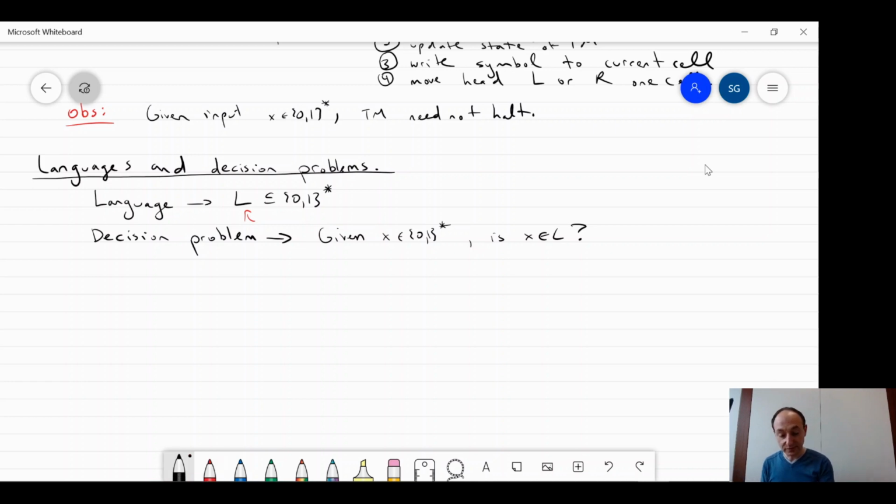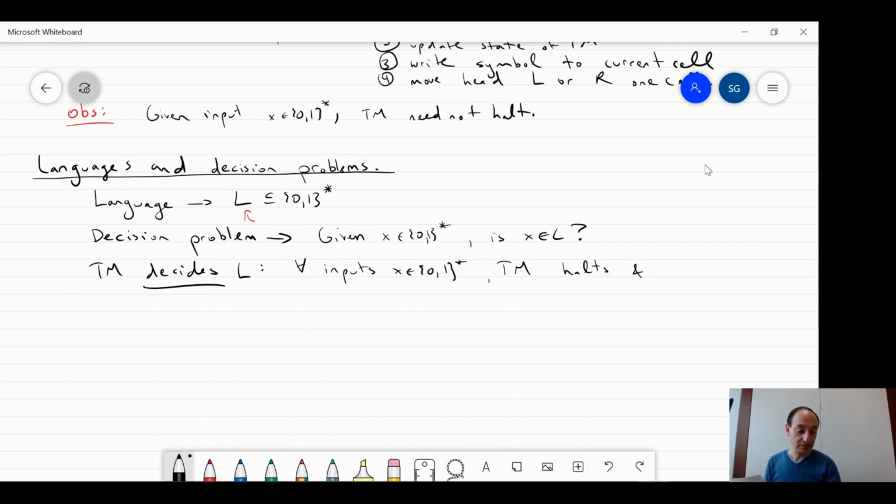Now, we'll say that a Turing machine decides a language if, no matter what input you give me, the Turing machine halts. For all inputs x, the Turing machine halts, that's super important, and accepts or rejects.